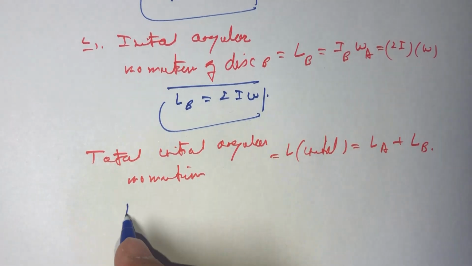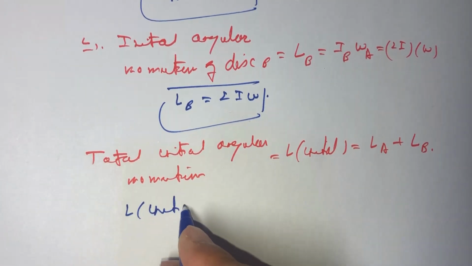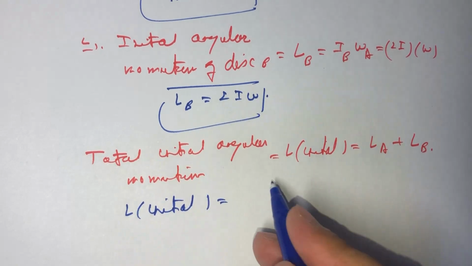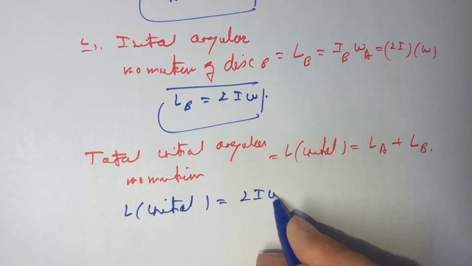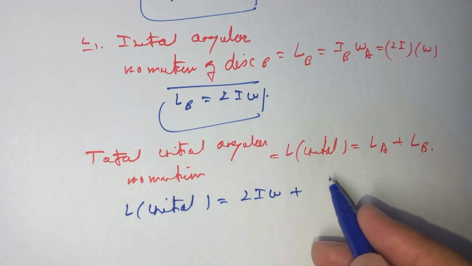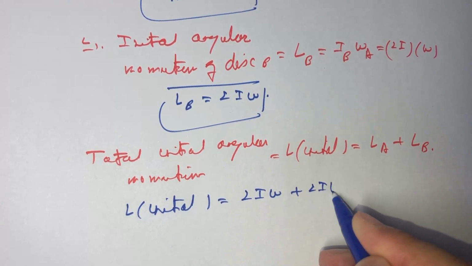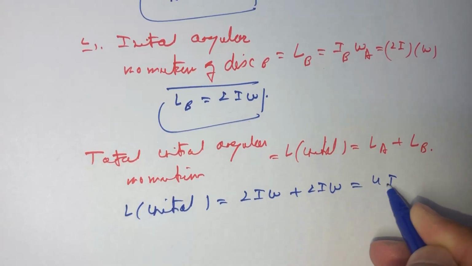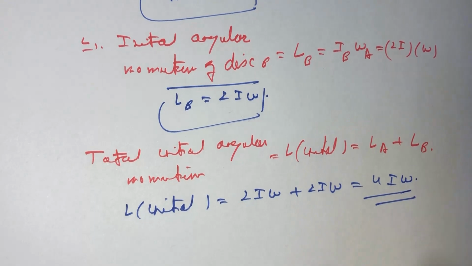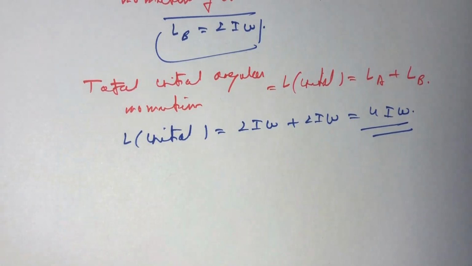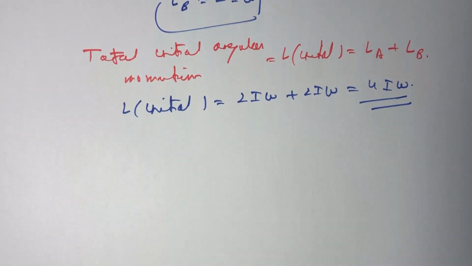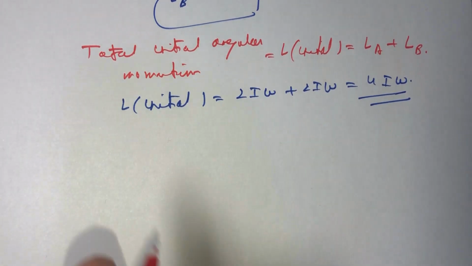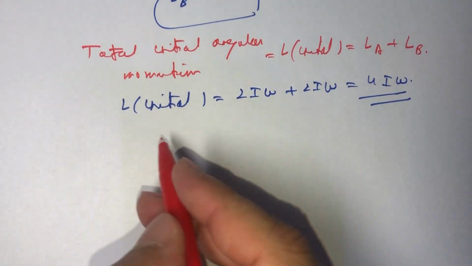So we get L initial will be equal to 2I omega plus 2I omega, which comes as 4I omega. So we found out the total initial angular momentum, and now we are going to find out the final angular momentum.